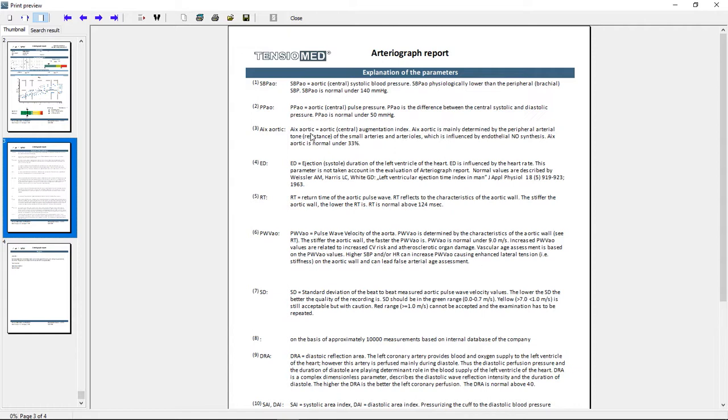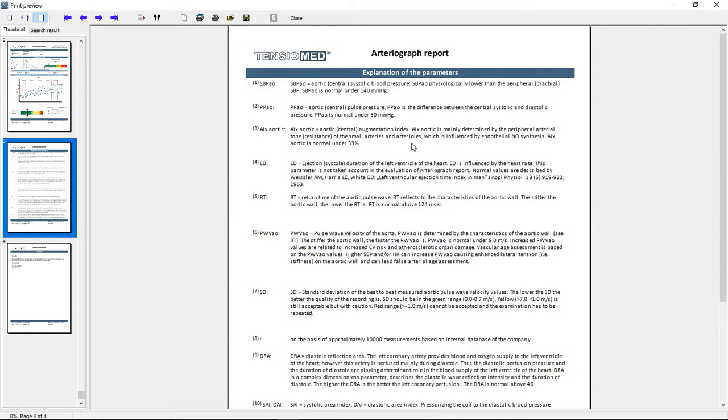The aortic augmentation index is mainly determined by the peripheral arterial tone and resistance of the small arteries and arterioles. This is mostly influenced by endothelial nitric oxide synthesis. Basically, the better the endothelial function, the higher the nitric oxide synthesis, and the more profound the vasodilatation in the small arteries and arterioles.